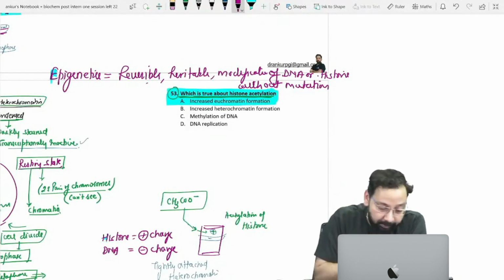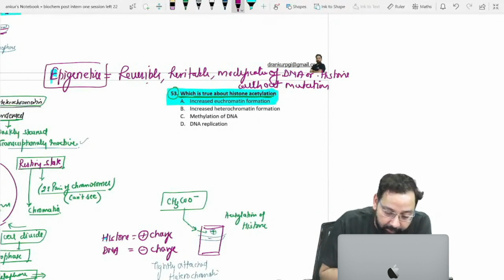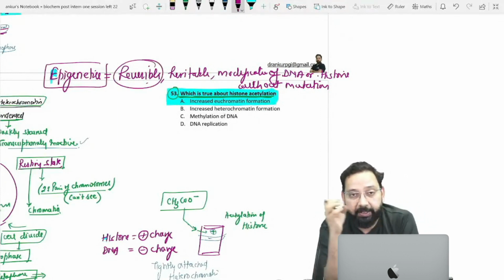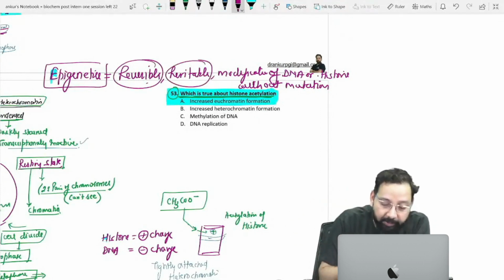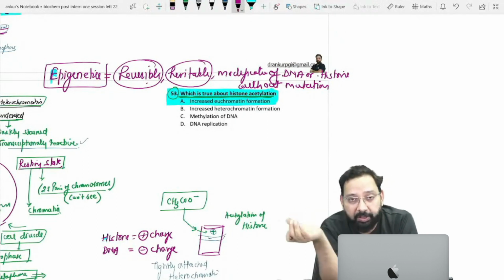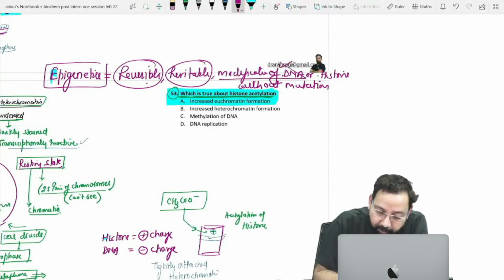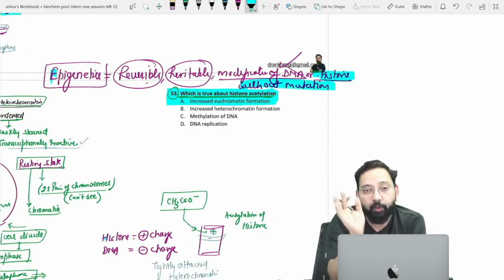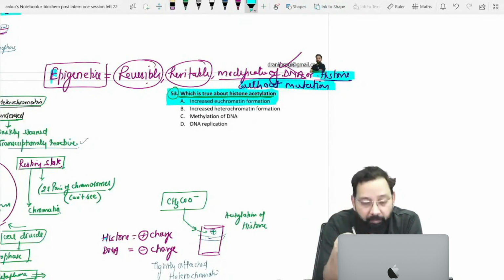Reversible: yes, epigenetics is reversible, by acetylation and deacetylation. Heritable: it goes from generation to generation. Modification of DNA or histone: I have discussed only histone till now. Without mutation, no mutation.